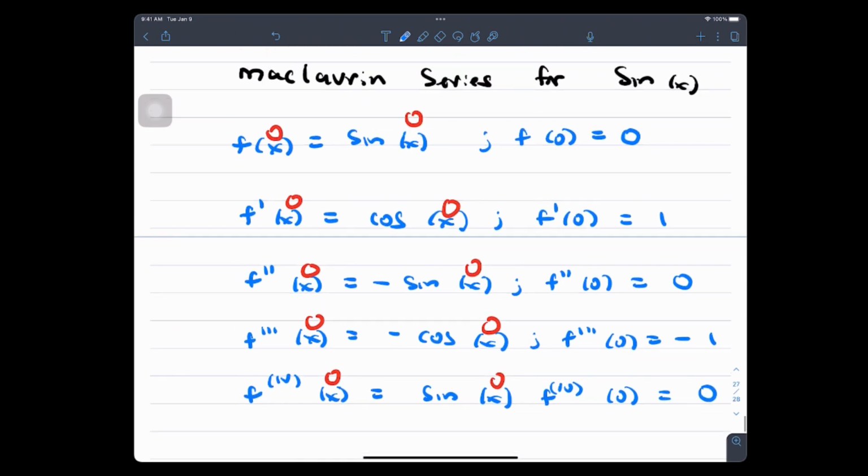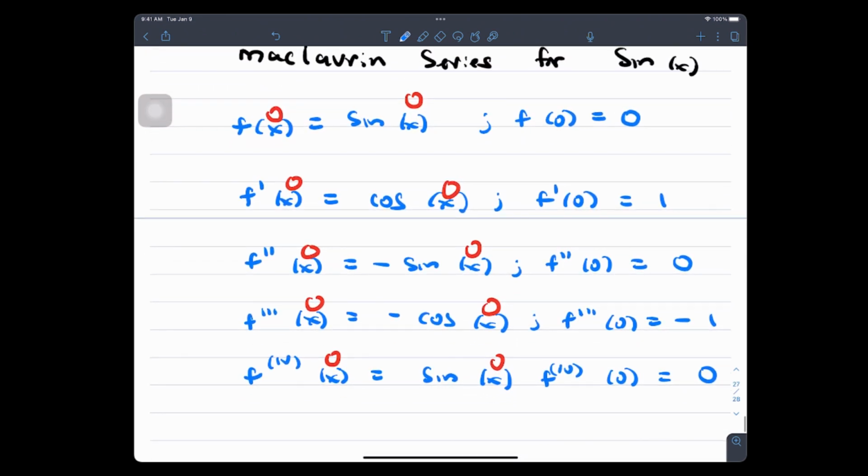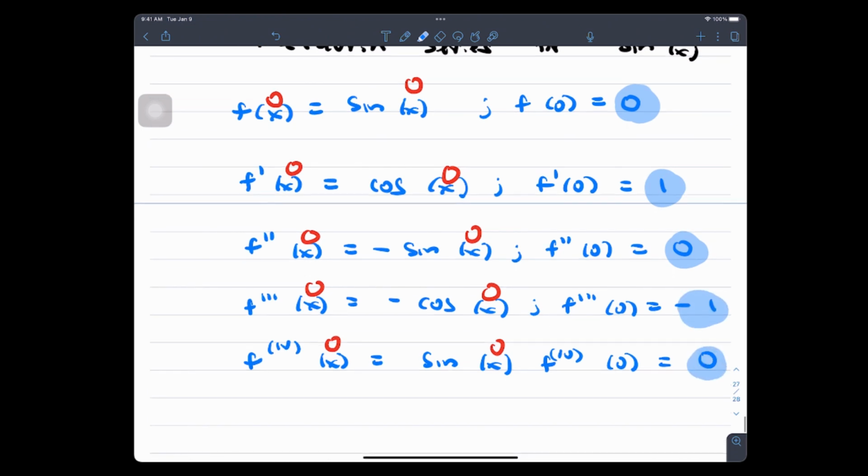And the reason I stop here, why did we stop here? Do you guys know? Because this pattern that you see here is going to repeat forever. That sequence is 0, 1, 0, negative 1, 0.